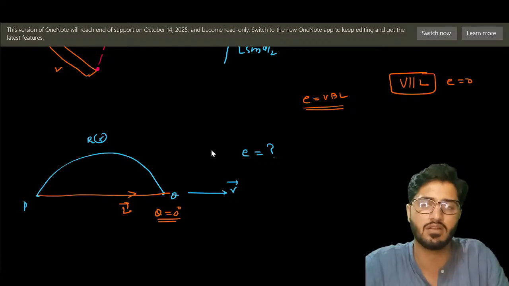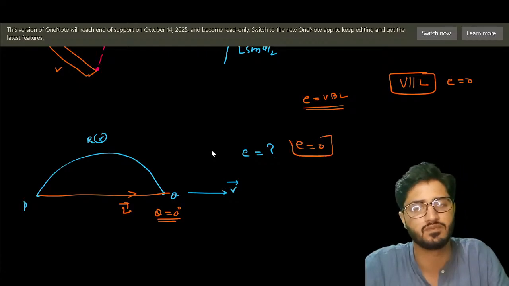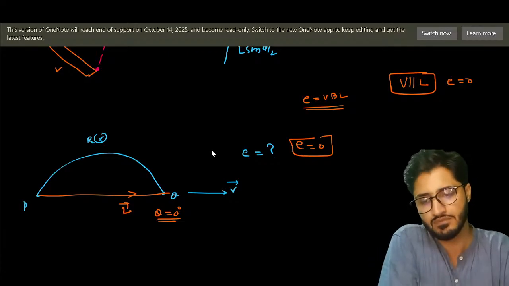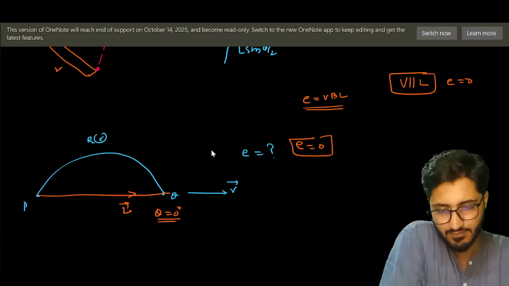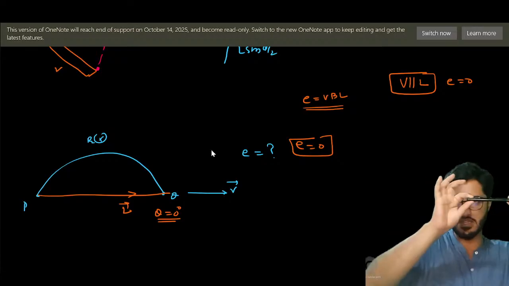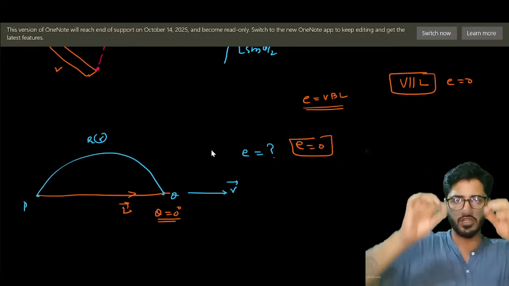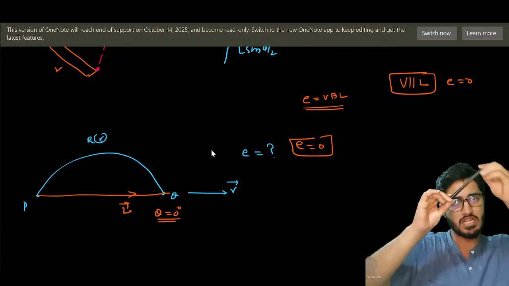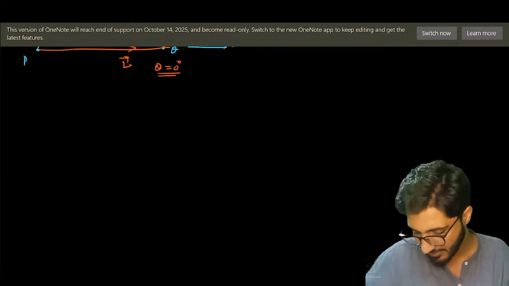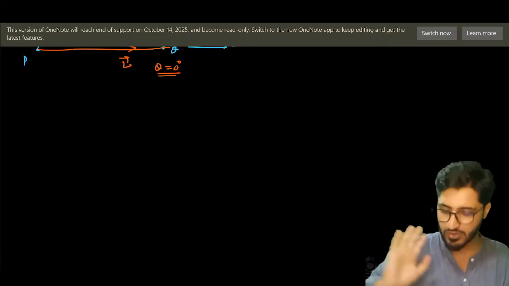That means both are parallel, so E becomes 0. Okay. So now if the rod is going in this way and I rotate this rod, we will see what happens. Yes, but the length is parallel to the velocity.